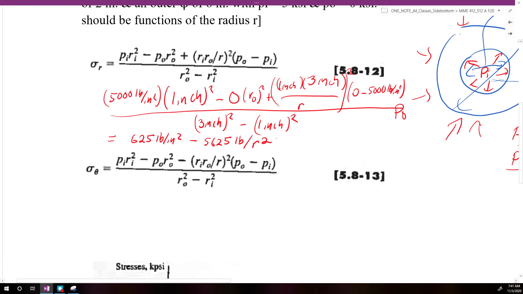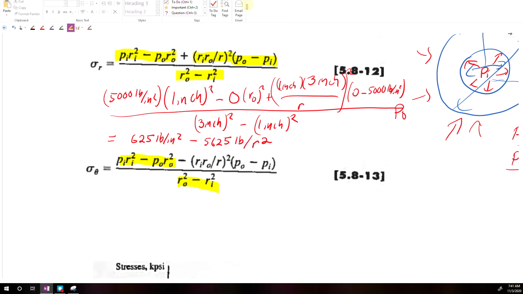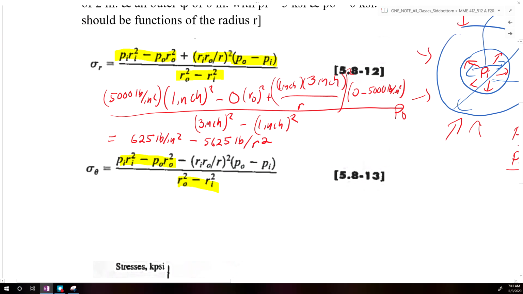Okay. Now, if you look at sigma r and sigma theta, you notice that these equations are exactly the same. They have the same terms in them, except the only difference between the two is this positive sign and this negative sign.